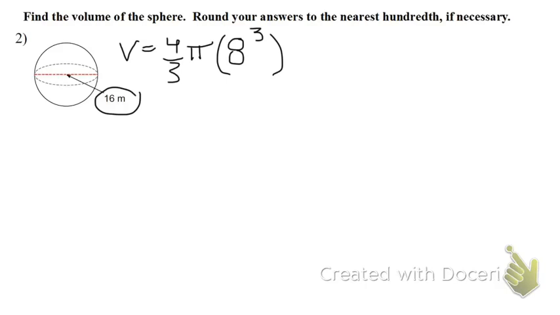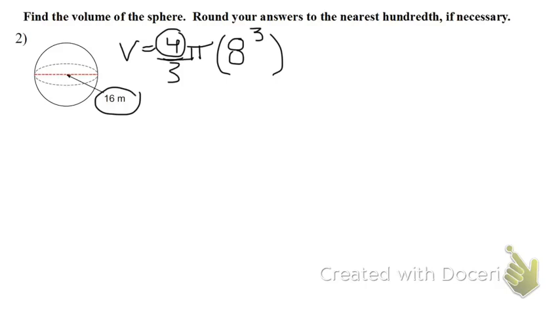Now I'm going to put it all in my calculator at one time. I'm going to multiply 8 cubed, or 8 times 8 times 8, and we can do this all at once, which is 512. Then I'm going to take that 512 that's still in my calculator. I'm going to multiply by 4, and then I'm going to divide by the 3.